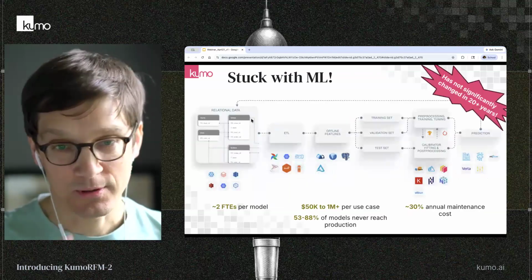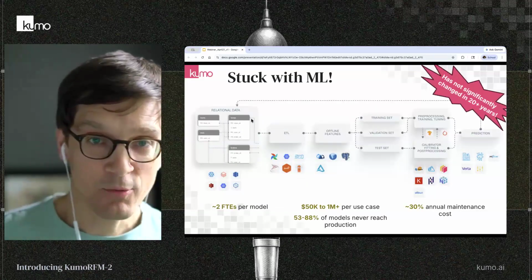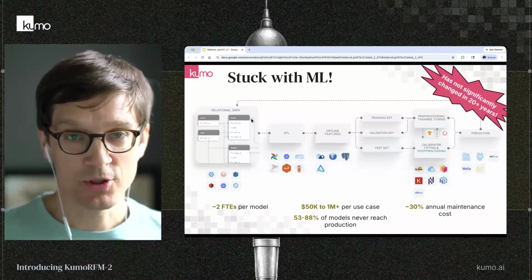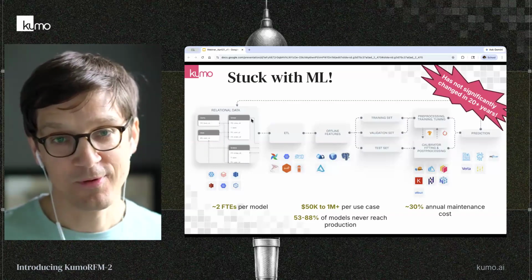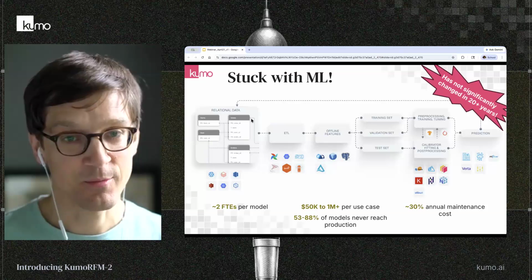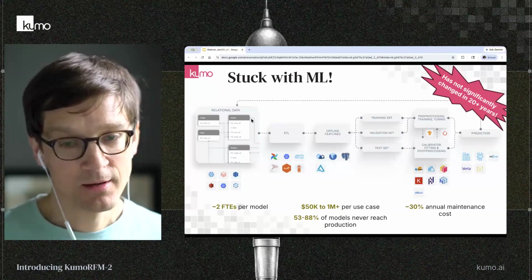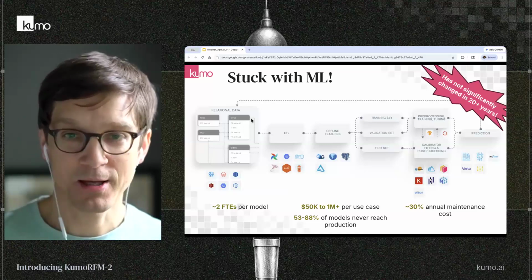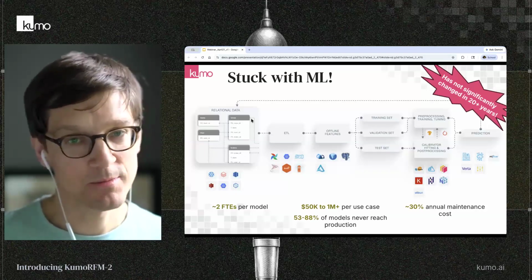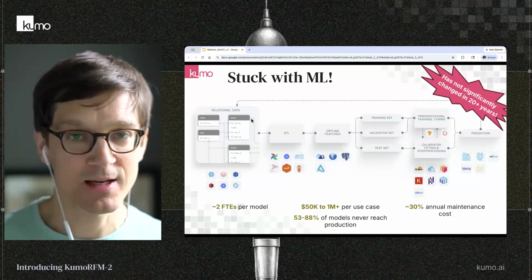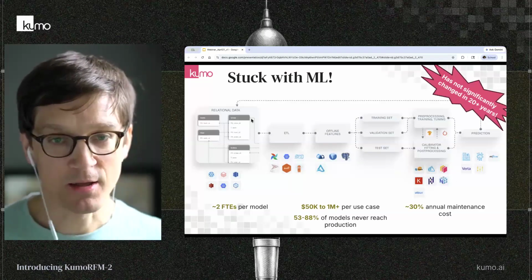And if you think about how this has been approached so far, or how we are dealing with this type of structured tabular data, we are basically stuck with traditional machine learning. Why is this problematic? It's problematic because fundamentally it hasn't changed for the last 20-plus years.